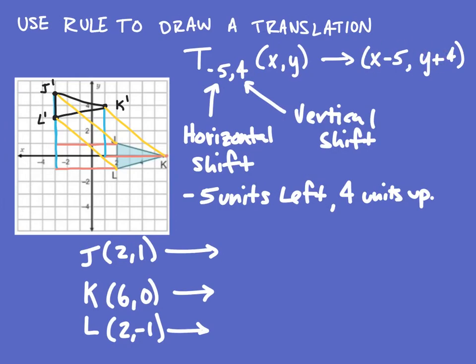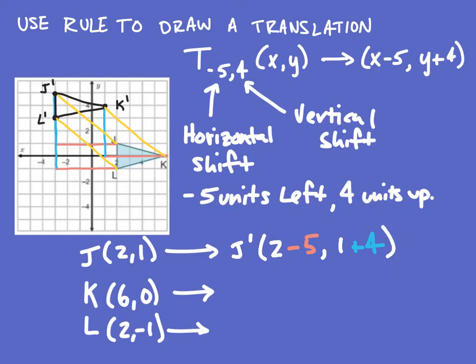All right. So what I'm going to do is I'm going to write this out. I'm going to write J prime, and then I'm going to say my X value was 2. Now to get my new X value, what I want to do is subtract 5 from that. All right. And then the next thing I want to do is take my Y value, which is 1, and add 4 to that. All right. And that's going to give me my new point.